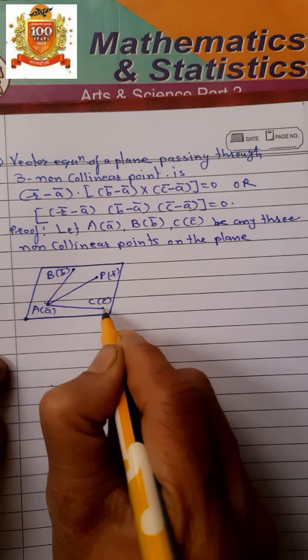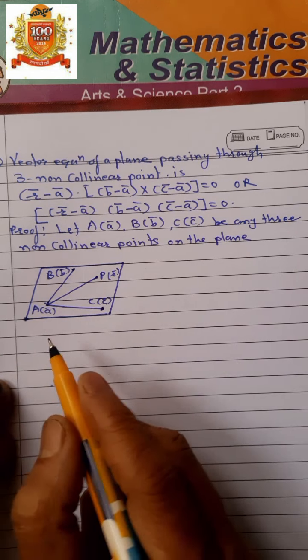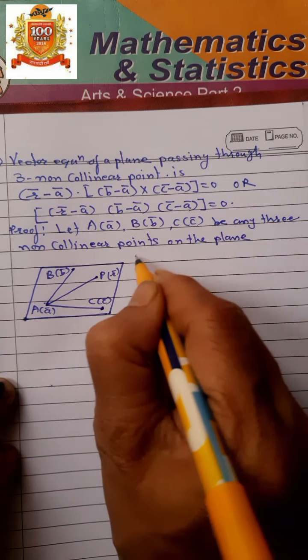These are the 3 points, non-collinear points on the plane.